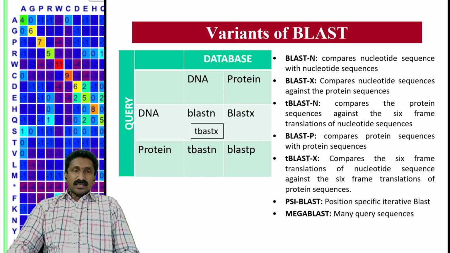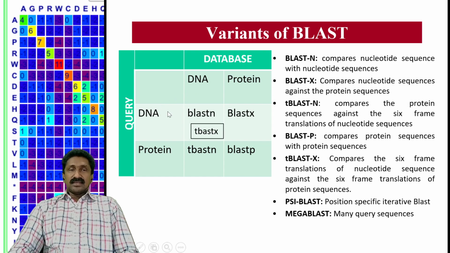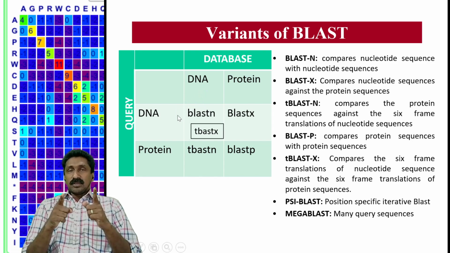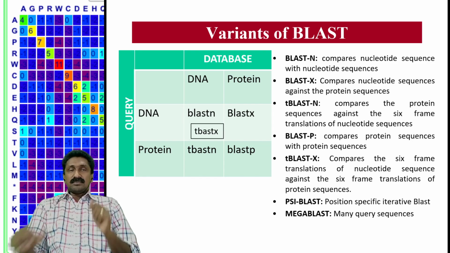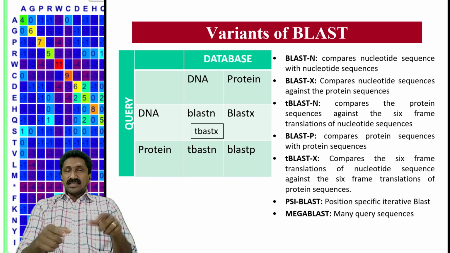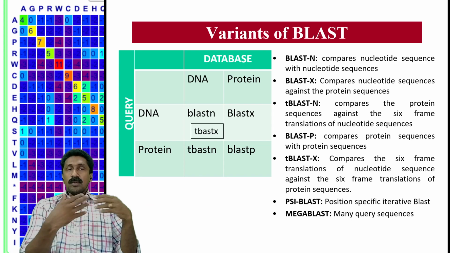If you are comparing DNA with DNA, there will be mismatches because there are mutations. But if you translate both DNAs into proteins and compare the proteins, they will be similar because the same amino acid is inserted, even though the DNA sequence is different, because of the wobble nature.